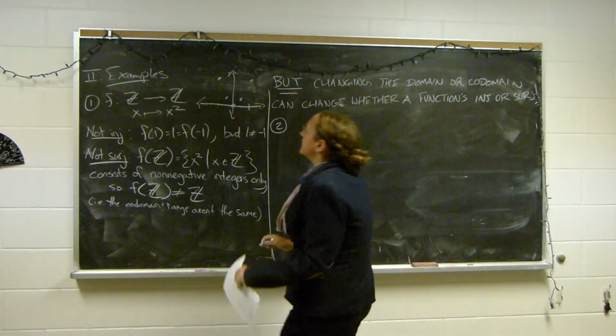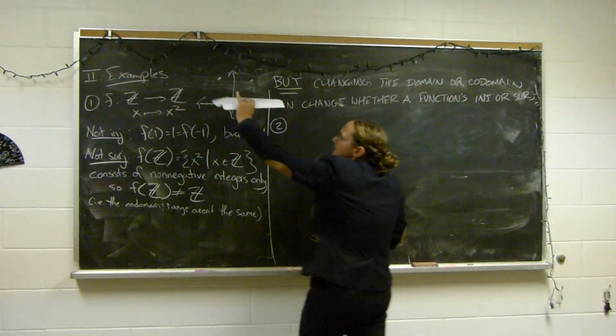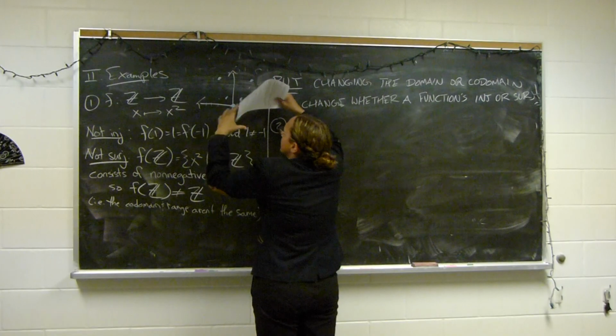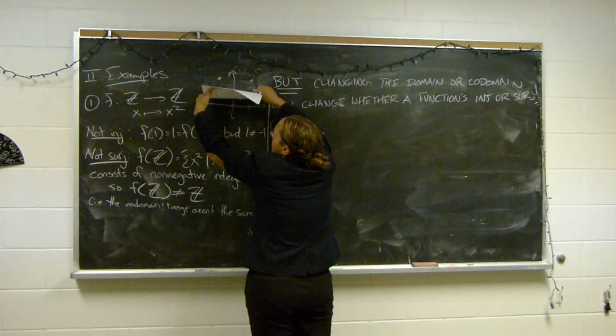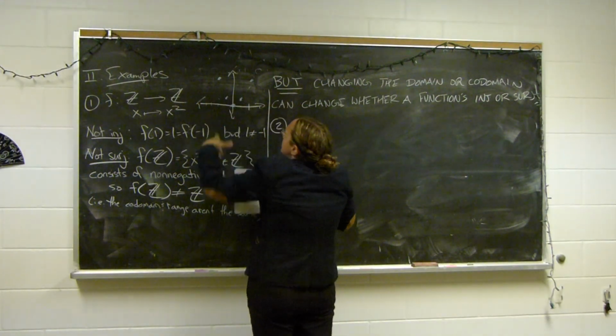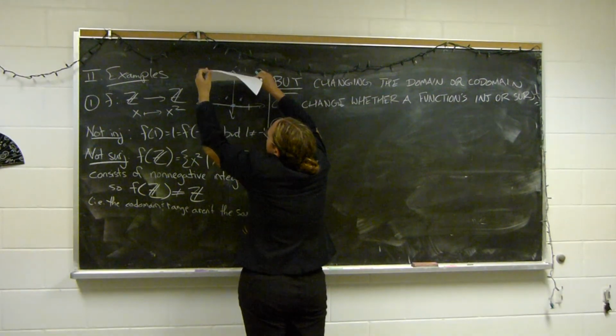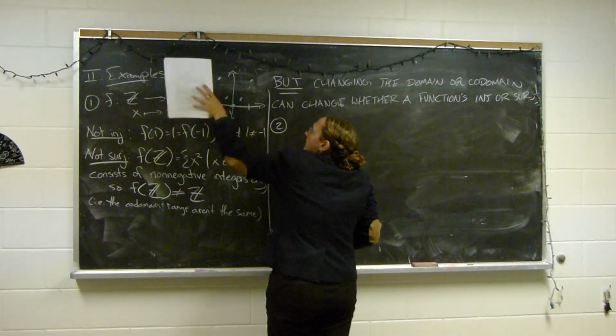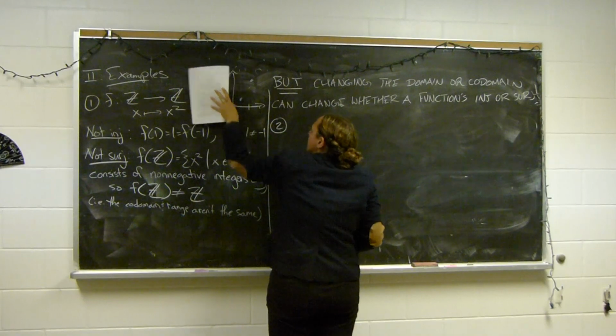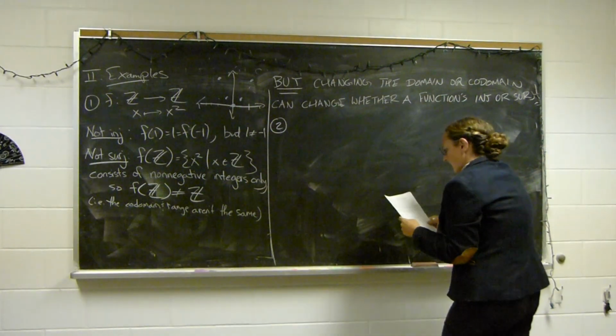I run into problems because 1 and negative 1 go to the same place, so I fail the horizontal line test. 2 and negative 2 go to the same place, so I fail the horizontal line test. Well, what if I just got rid of everything on that side? Oh, then I'm good.